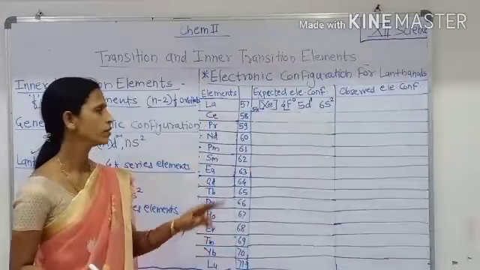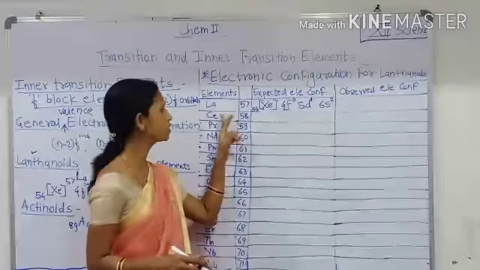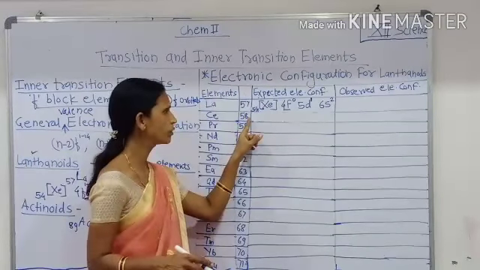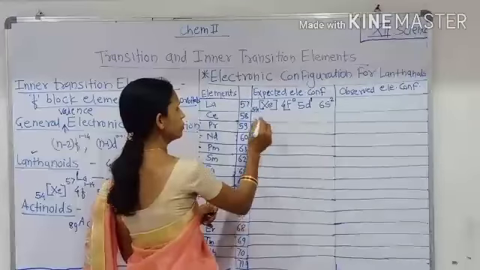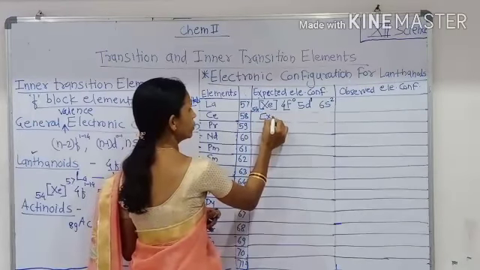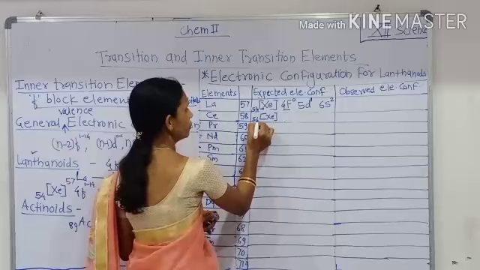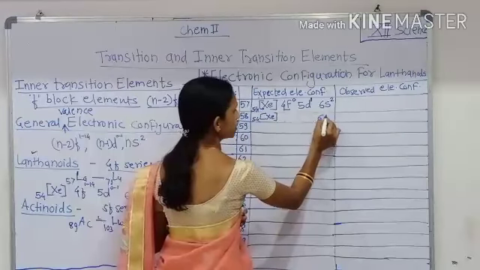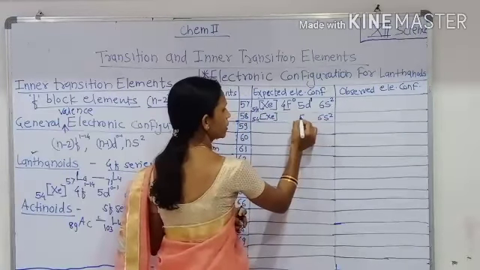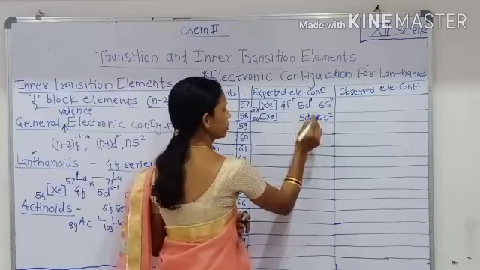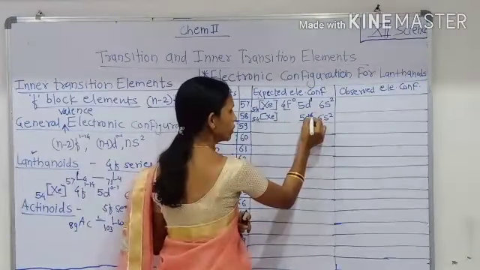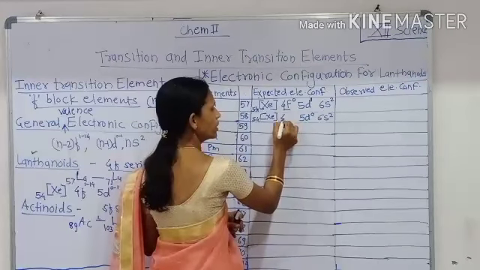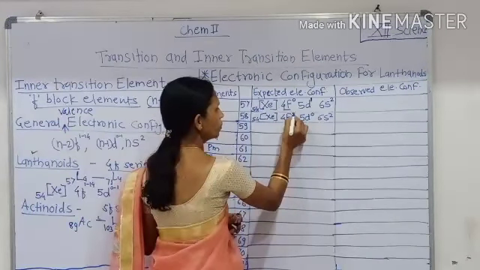Then for the next element, that is cerium, which has atomic number 58, the expected electronic configuration is xenon 54, 6s2. Here the electron does not enter into the 5d orbital, therefore 5d is 0, and 4f has 2 electrons.